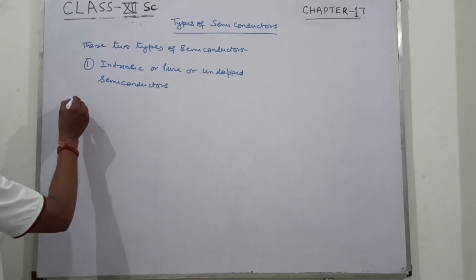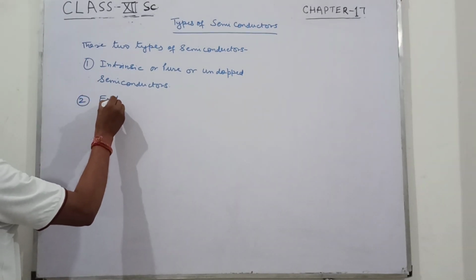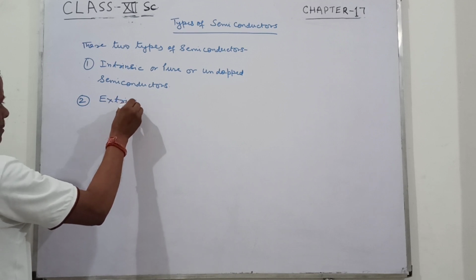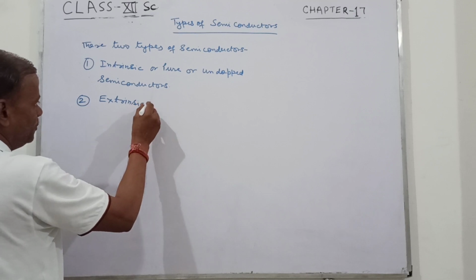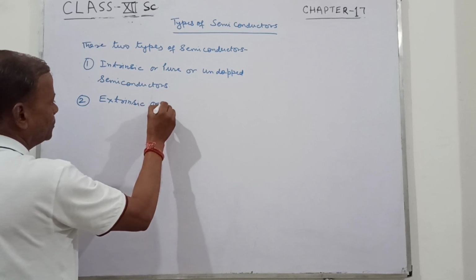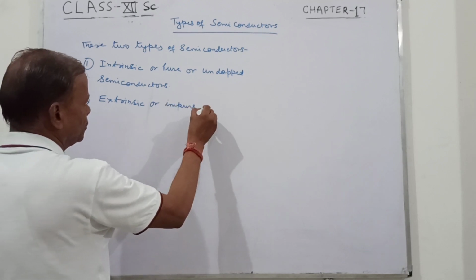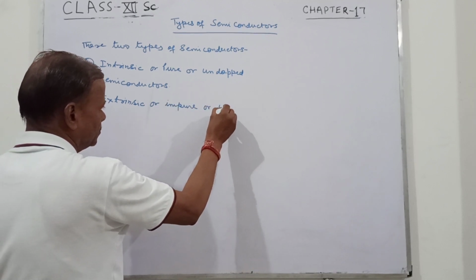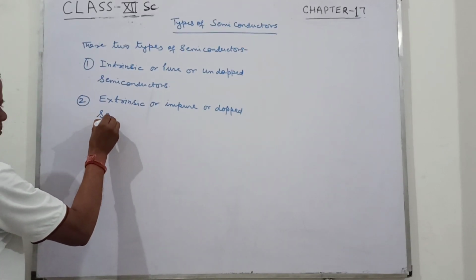And second is extrinsic or impure or doped semiconductors.